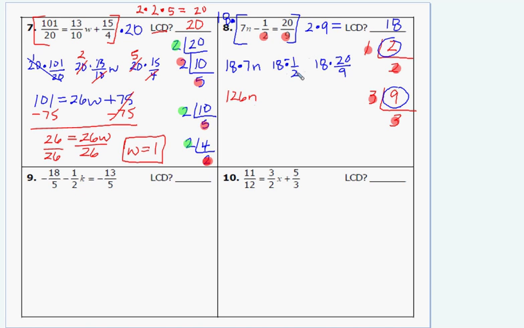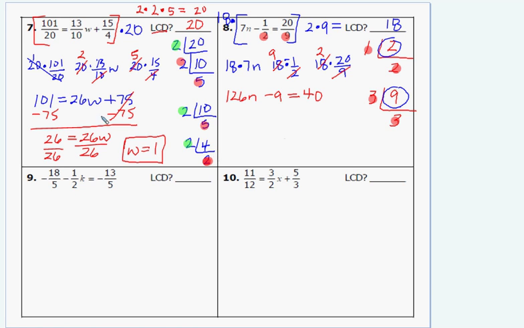18 times negative 1 over 2. 2 goes into 18 and leaves me with a 9. And so 9 times negative 1 is negative 9. This is going to be equal to, and then we have some cancellation that's also going to happen here. 9 goes into 18 twice, and 2 times 20 is 40.